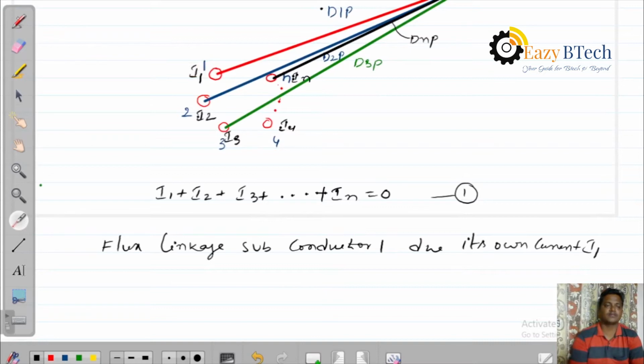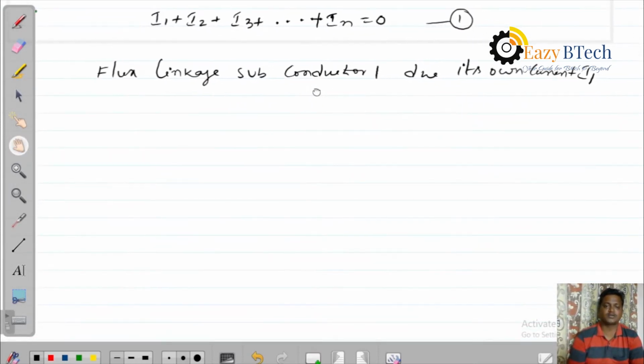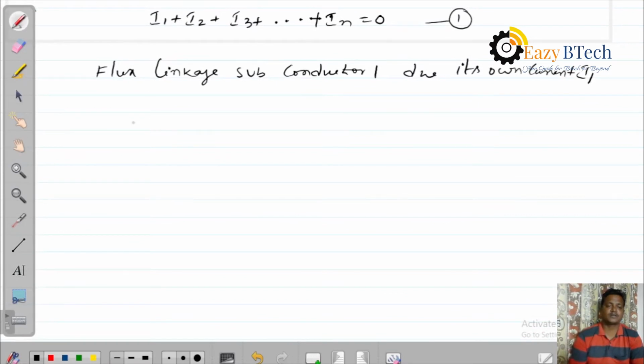Now you can go to the expression. We represent the flux linkage as psi. We have to calculate the flux linkage between 1 and P due to the current I1. Already you derived this expression.